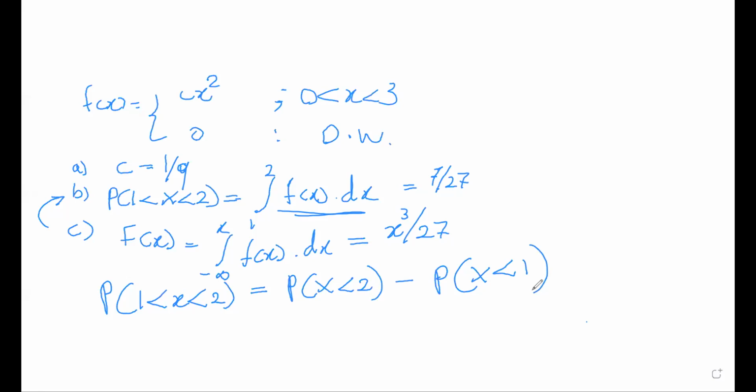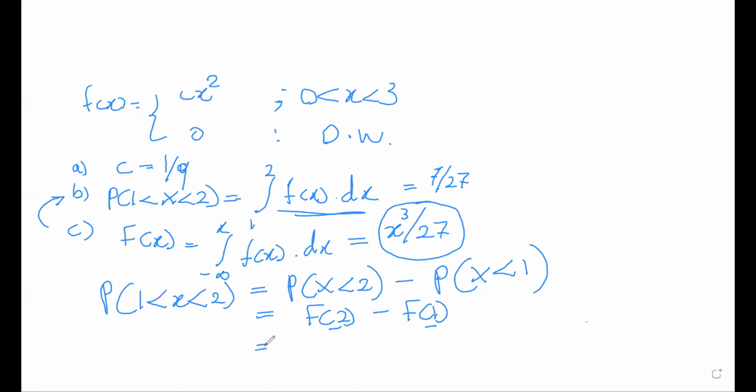So we can write this one using these two probability values, right? So we know that this is F(2), the probability up to the value 2, and this is F(1). So we just have to substitute the values 2 and 1 in the distribution function.